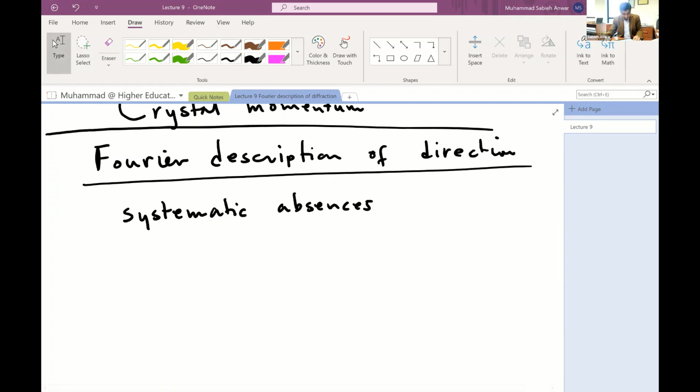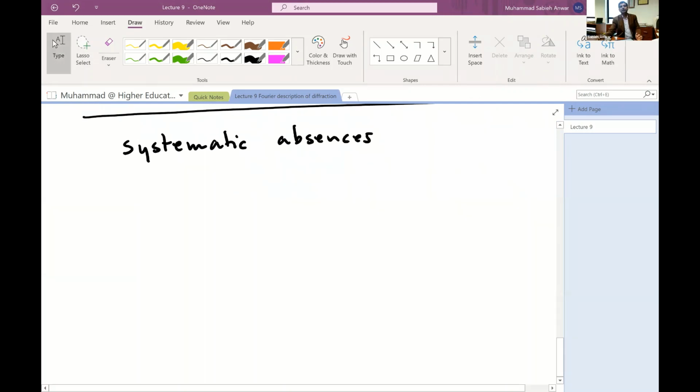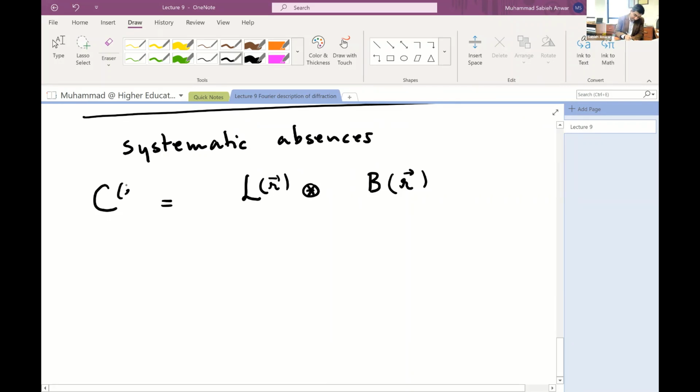All right, so first of all, I've already introduced the convolution of an object. I've talked in the first lecture that the crystal is a convolution of a lattice and a basis, and the basis is a function of the real space small r, and the lattice is a function of the real space r, and I get the crystal.